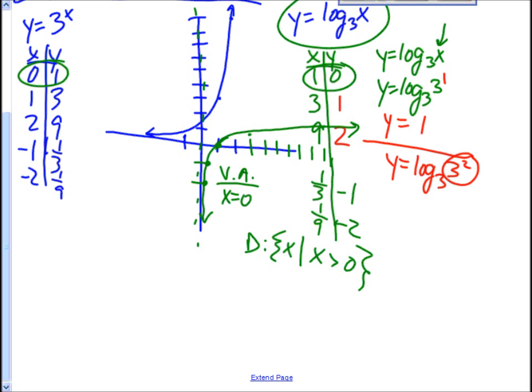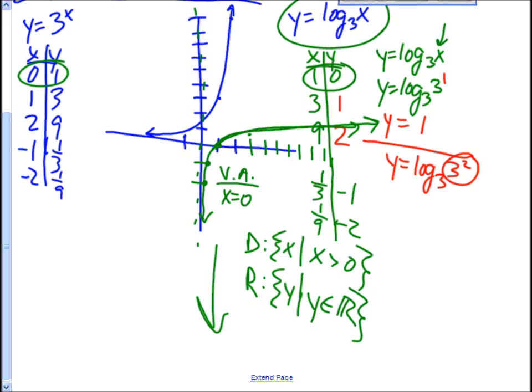The range was y greater than 0. That means our domain is going to be x greater than 0 for its inverse. And then finally our range. You see how this thing keeps going lower, and as you go to the right, it keeps going steadily up. So y is going to be all real numbers.